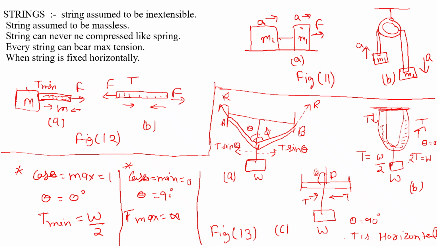While dealing with force problems where strings are involved, some important points are to be remembered. First, string is assumed to be inextensible. This is why the magnitude of acceleration of any number of masses connected through string is always the same.